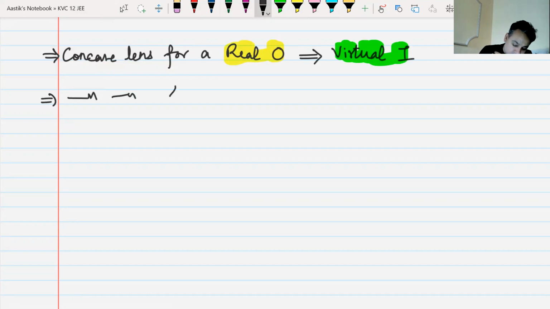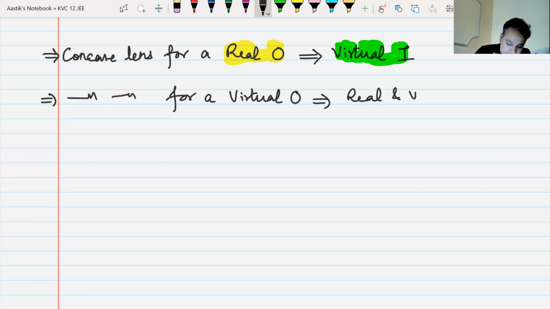A concave lens for a virtual object can form real and virtual images. Well done, for a virtual object, it can form both real and virtual image.